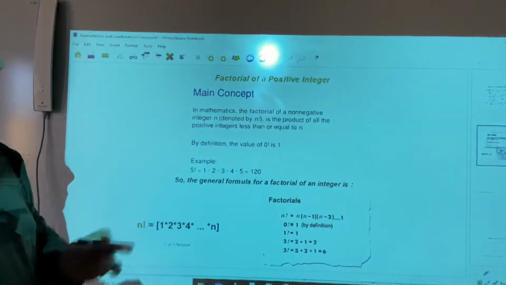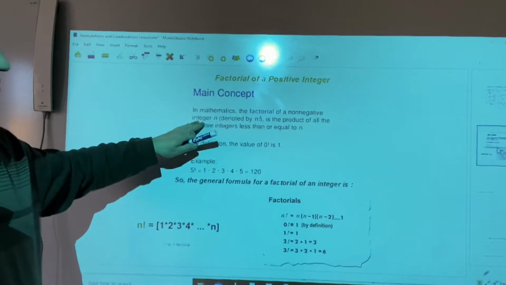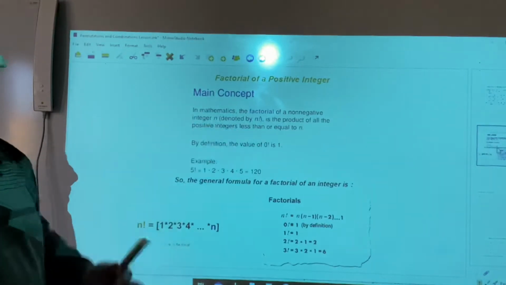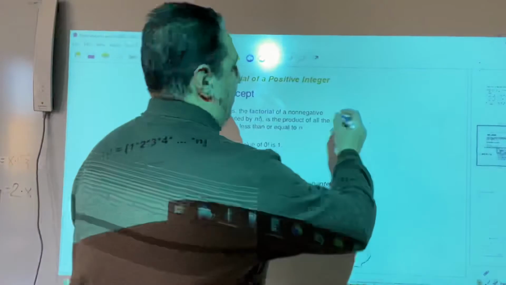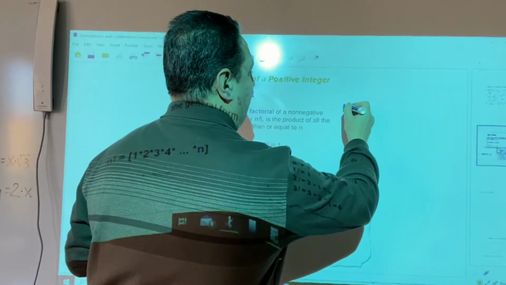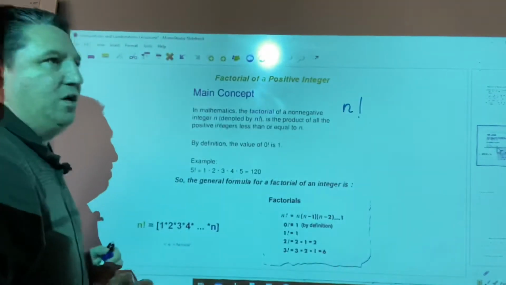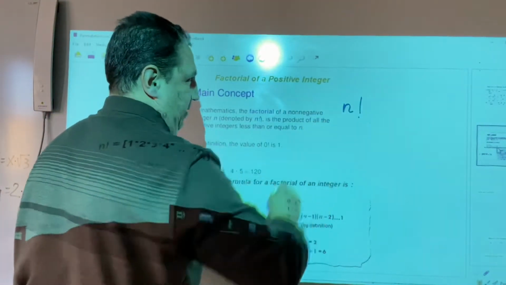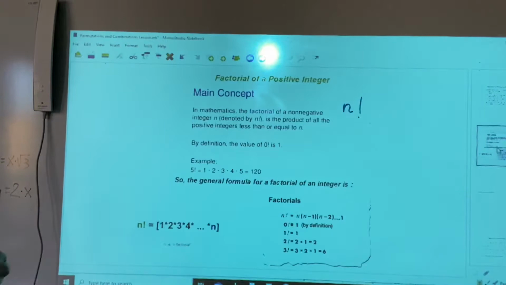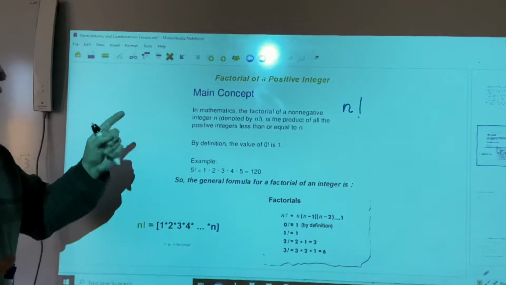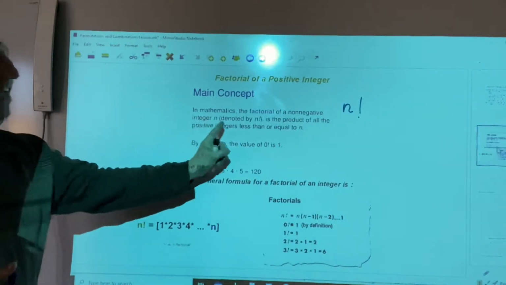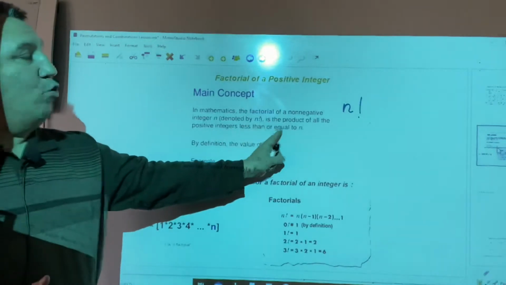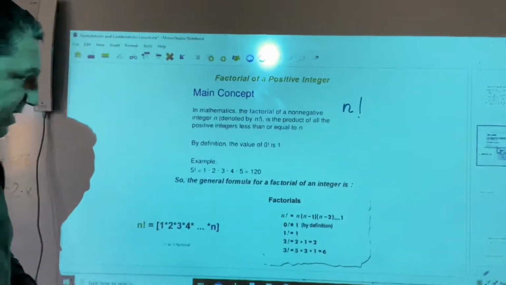In mathematics, the factorial of a non-negative integer n, denoted by this notation, we say n factorial, is the product of all the positive integers less than or equal to n.